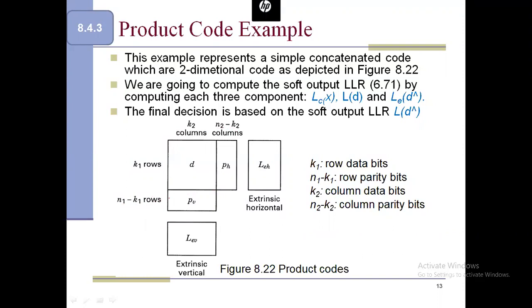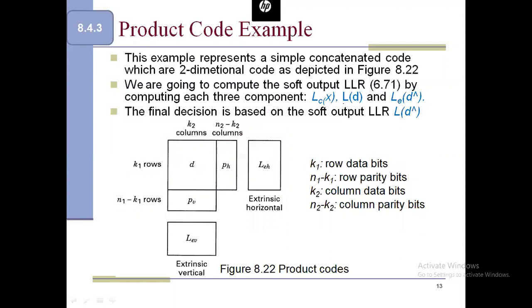On the basis of this, we calculate the components of the code to have a soft output decision.